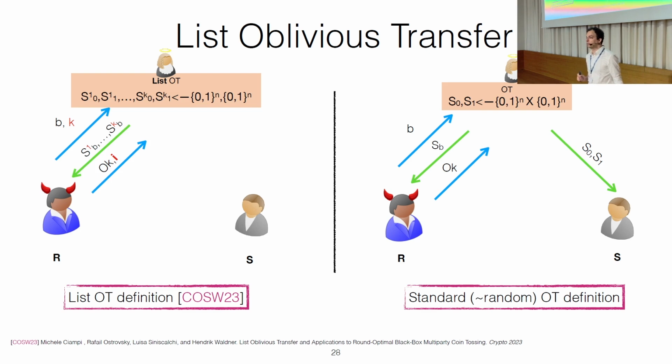You can deliver the ith pair to the sender. Let's call it the sender, although here it's not completely correct to talk about a sender, given that the pair is sampled by this idealized process. Okay, so this is a natural relaxation of OT, natural in the sense that it follows what you have seen for the case of list coin tossing.